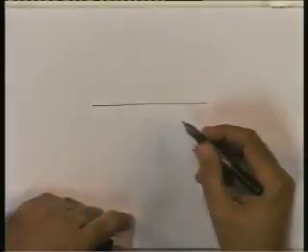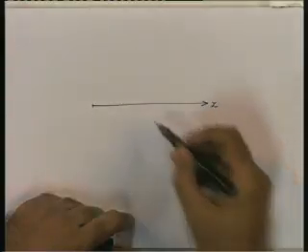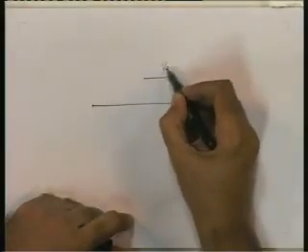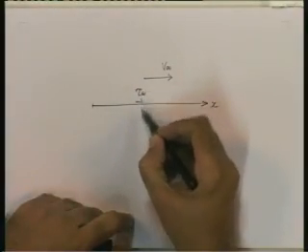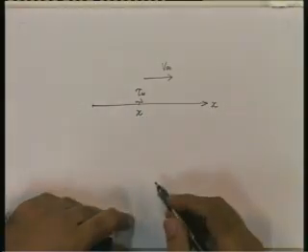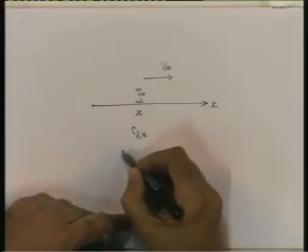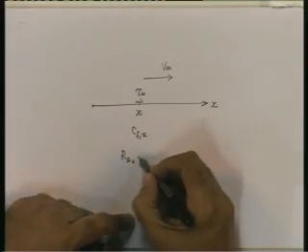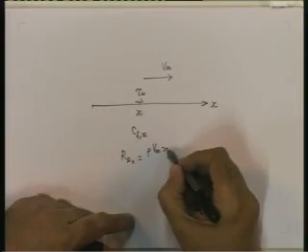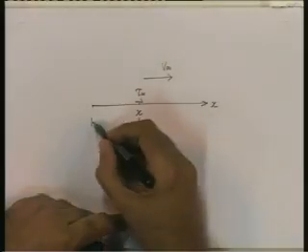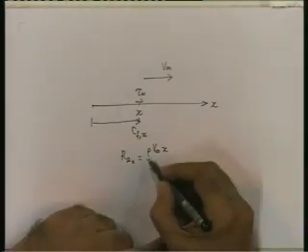If this is the plate, this is the leading edge of the plate, tau wall at any x is related to Cfx through the local Reynolds number Rex, which is rho v infinity x divided by mu, where x is the distance of that position from the leading edge.